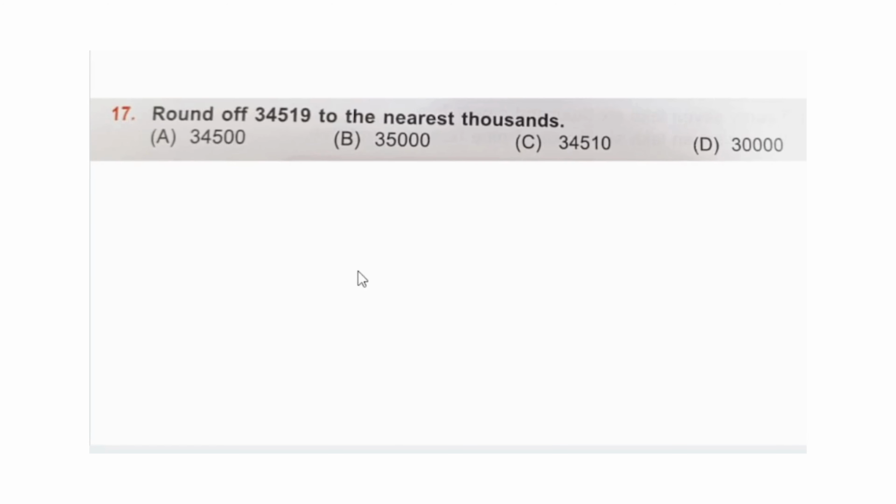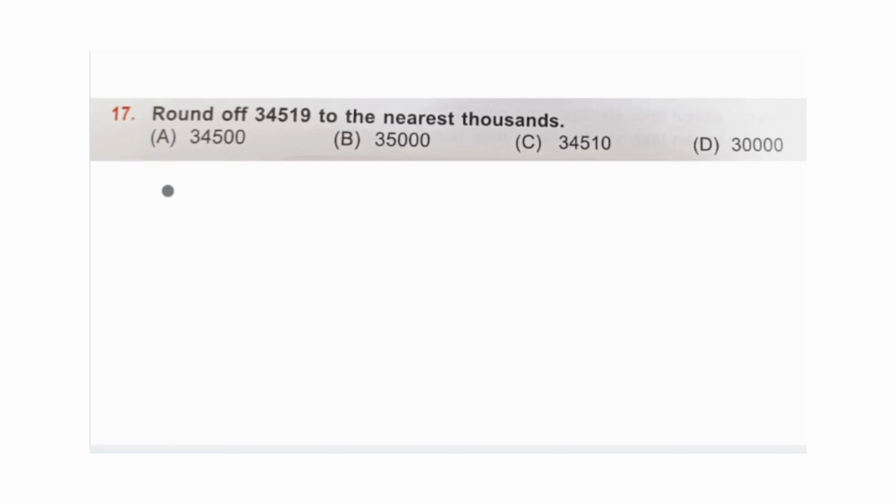Now let's look at question number 17. The question reads as round off 34,519 to the nearest 1000. What you need to do is, let's identify the face value of the number at the thousands place.